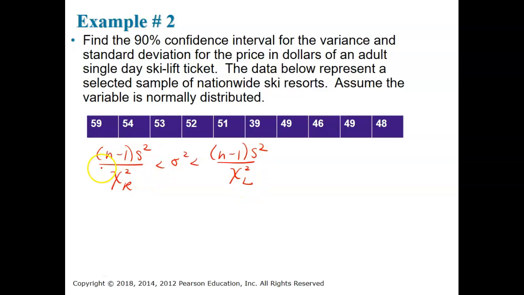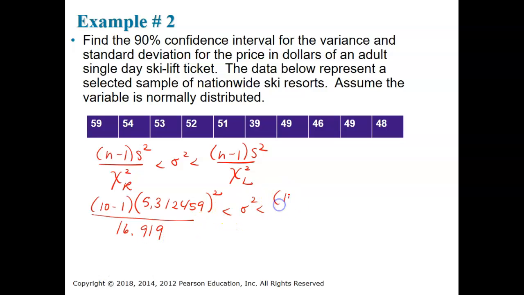My n was 10, we said, so we're going to have 10 minus 1. Our s is 5.312459. We'll square that. Our chi-squared right value that we got from the chart was 16.919. I'm just recopying this numerator here.